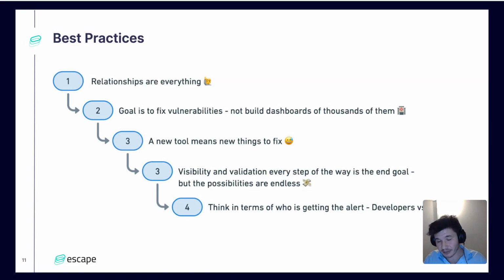And there are other companies that embraced fully the DevSecOps approach, and in this case, the security engineer does not even know about the vulnerability yet. The developers directly receive the alert.